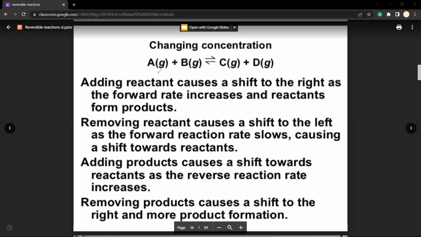If we change the concentration of a reactant, let's go step by step.